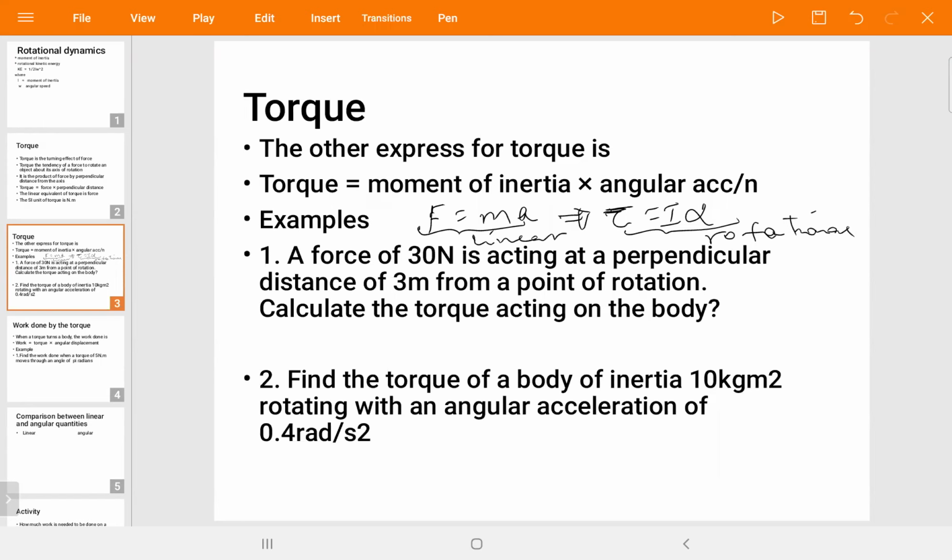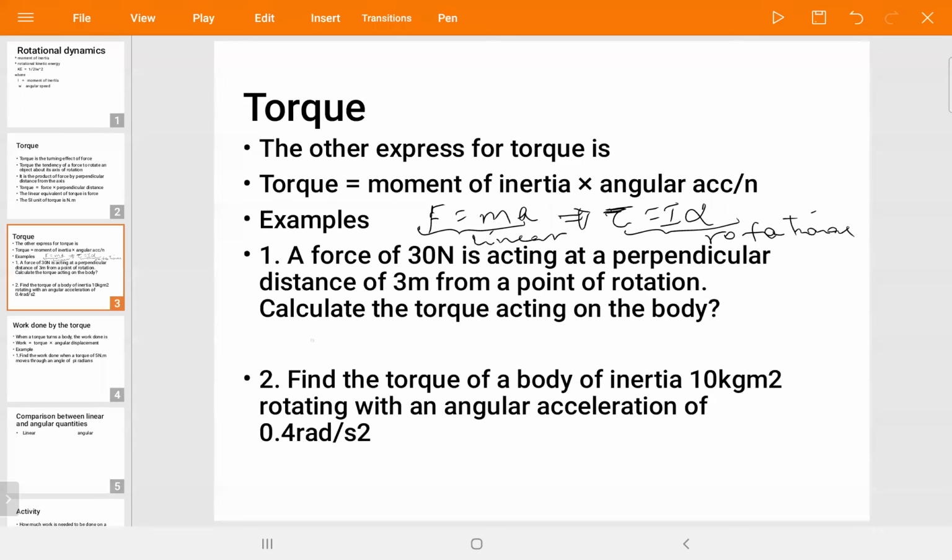And let's see with an example. A force of 30 Newton is acting at a perpendicular distance of 3 meters from a point of rotation. Calculate the torque acting on an object.